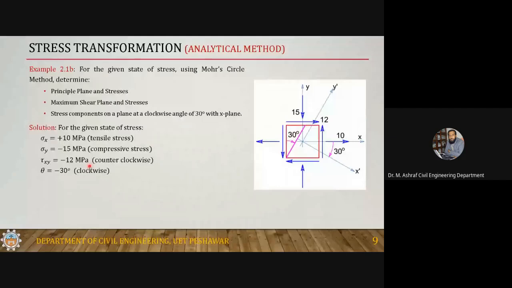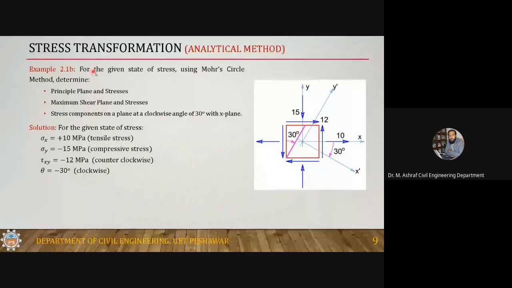For the given stress, using the Mohr circle method, determine the principal planes and stresses, the maximum shear plane and stresses, and the stress components on a plane at a clockwise angle of 30 degrees with the x plane.